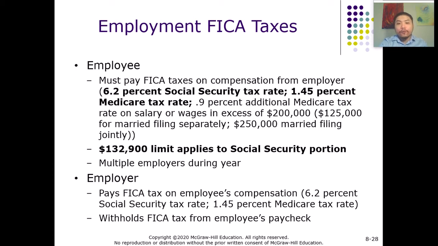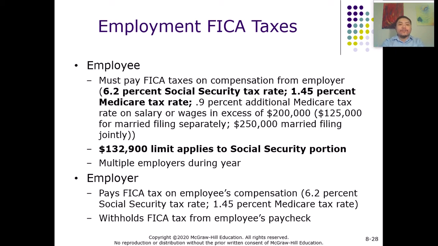For Medicare, there's no limit, so the base that you use to calculate Medicare is whatever your taxable income is. But for Social Security, again, there's a limit of $132,900. So keep that in mind, right?